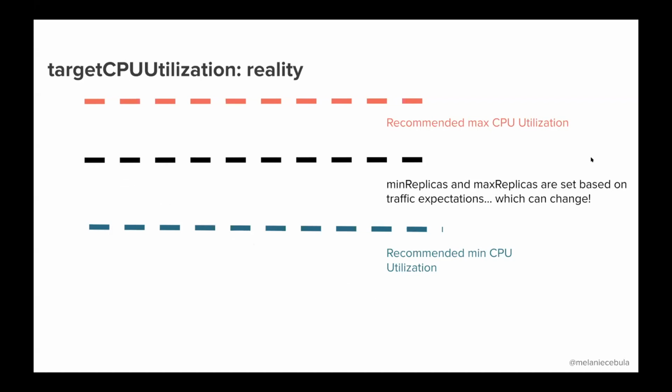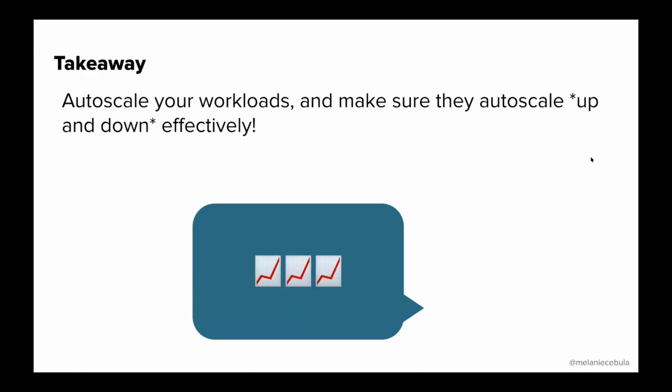Basically what we found is that developers set min replicas and max replicas based on expectations of what their traffic would be, and those expectations can change over time. So the takeaway for me was that just because you're autoscaling your workloads in your configuration, you need to do an extra step to make sure they actually autoscale up and down effectively.